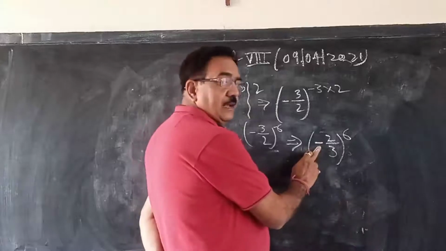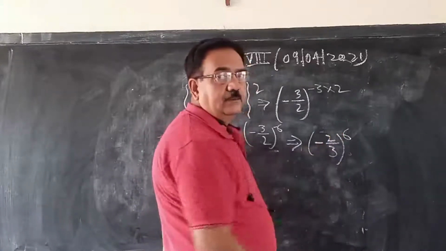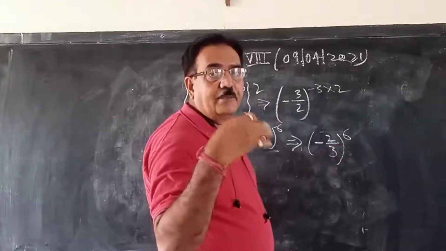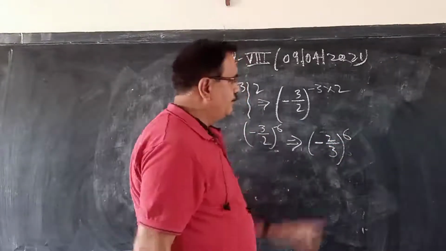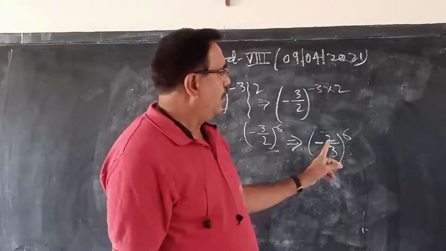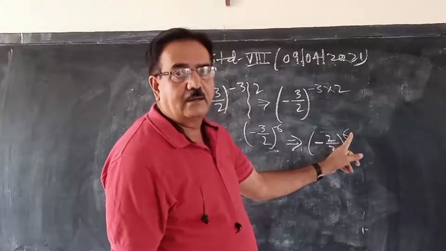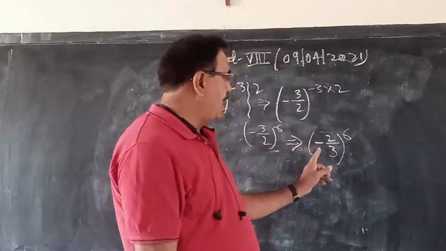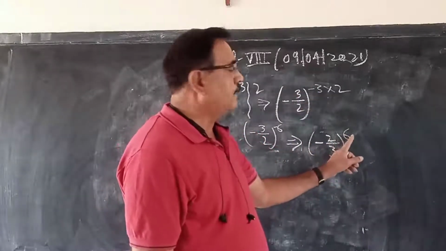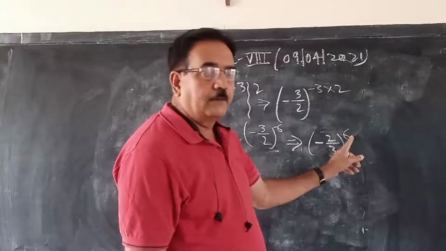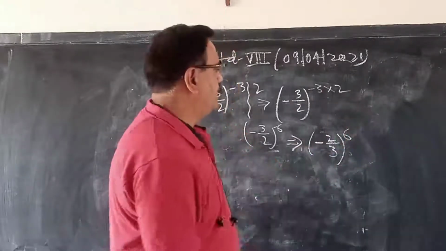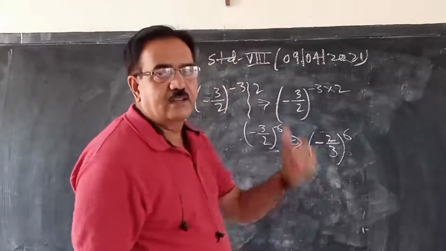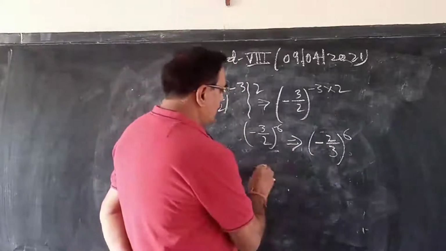If the sign is minus and the power is odd, the final sign will be negative. So here in this question, the power is even, so the final sign will be positive.